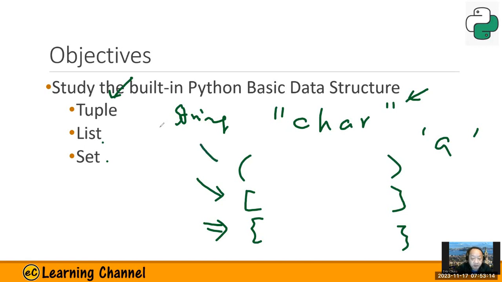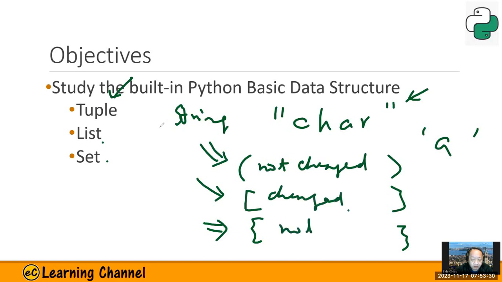Tuple is immutable, cannot be changed. So tuple will not shrink or grow. And then set is not repeating.